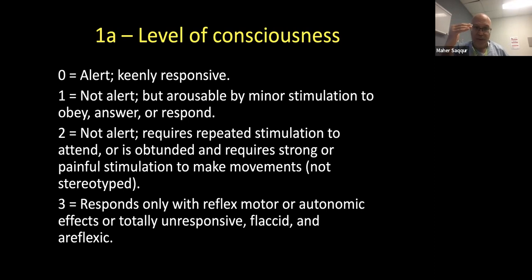So 0 is alert, 1 is drowsy, easily arousable, 2 is obtunded, requires frequent stimulation to be aroused, and 3 is comatose, does not respond to regular stimuli, to pain or voice stimuli, except by decorticate or cerebral posturing or withdrawal.